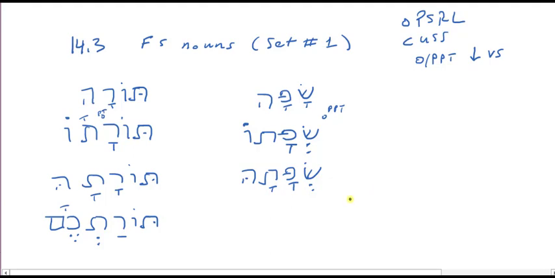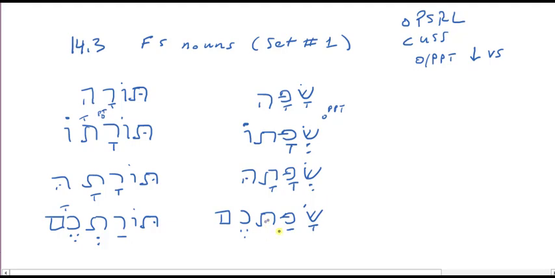Okay? Now, if we want to talk about y'all's lip and speak of you masculine plural, you all have one collective lip, what would happen? Safa becomes safat. Oops, sorry, that's going to be a pathach, right? And then we add the chem over here.